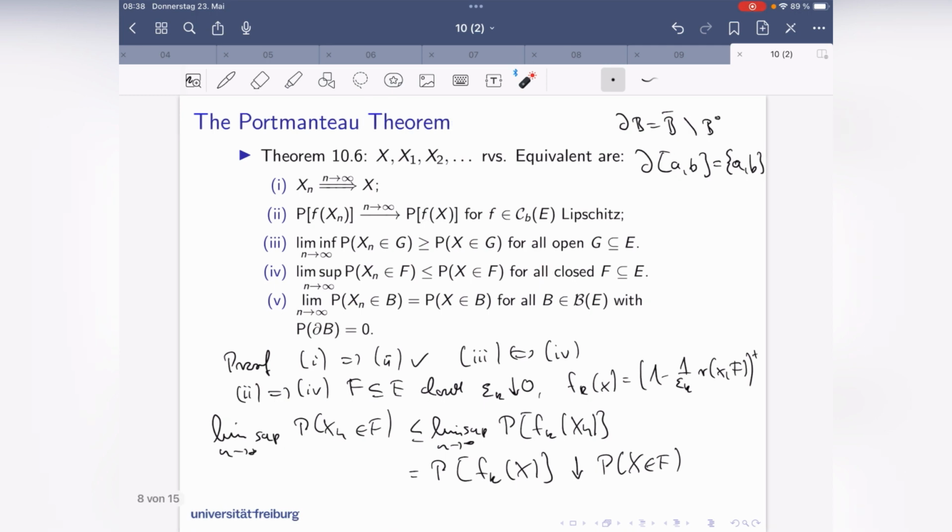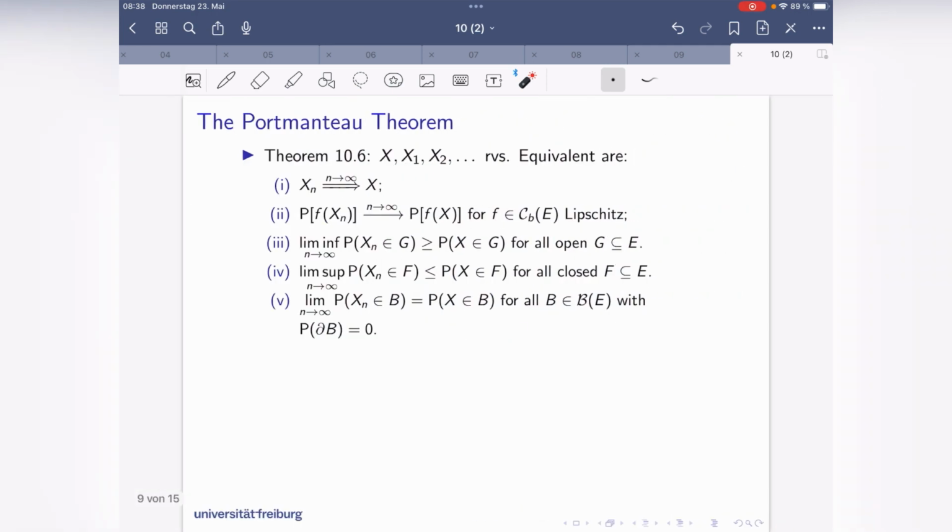Then let's take the next bit. 3 implies 1. So here I have the convergence of some open sets, and 1 is the convergence. And I'm doing this in some steps.